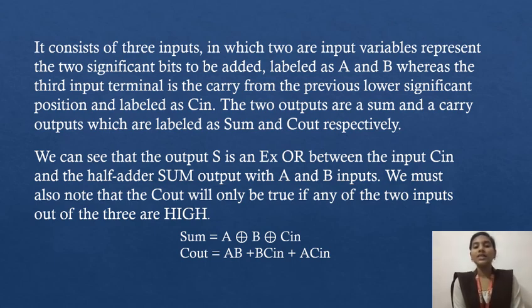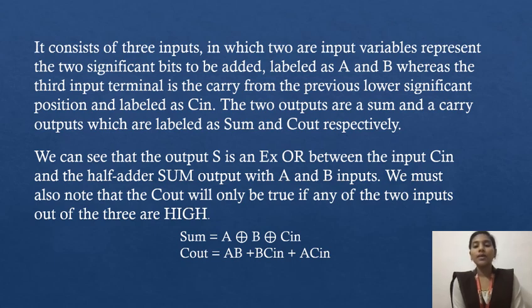So we can see that the output S is an XOR gate between the input Cin and half adder sum output with A and B as inputs. So we must also notice that the Cout will only be true if any of the two inputs out of 3 are high. So there is a condition here that any of the two inputs must be high out of the three inputs.